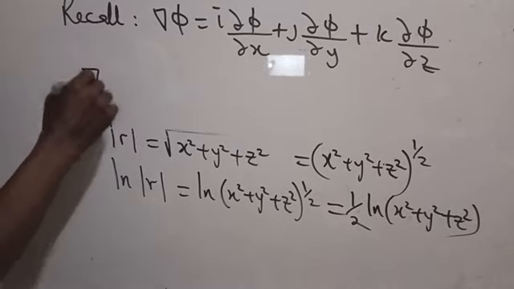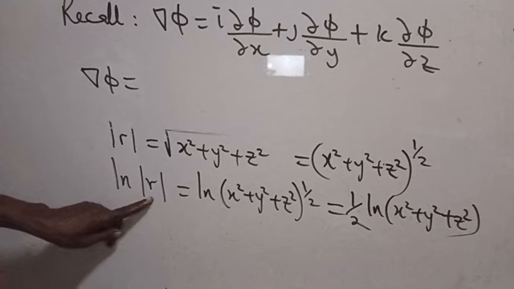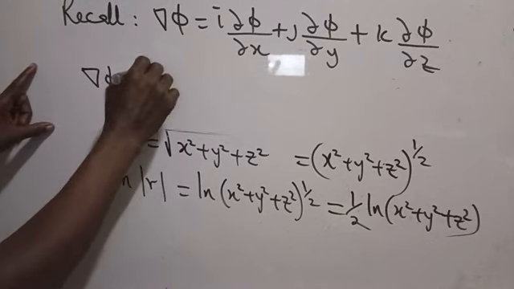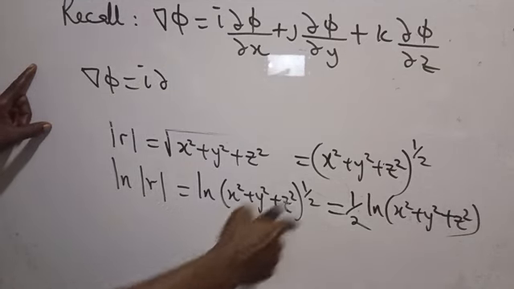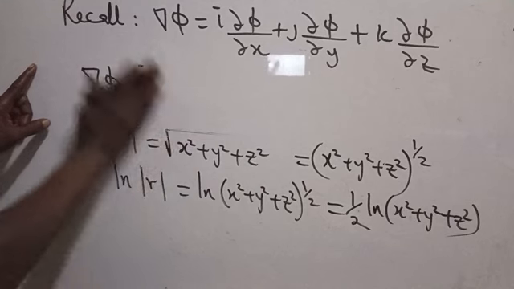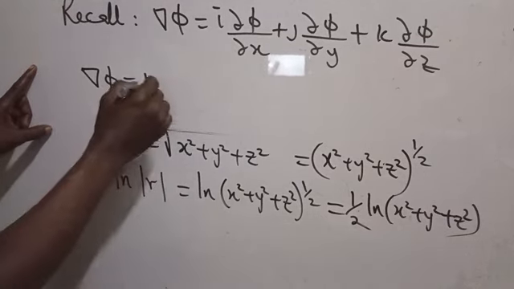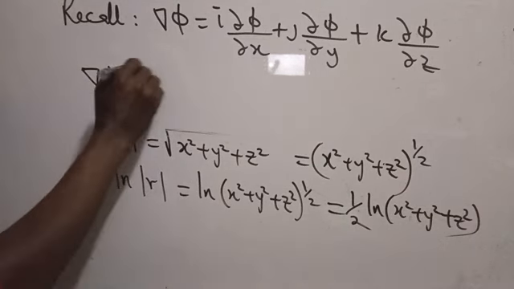So grad of phi will now be, now we have known what phi is. Phi is ln modulus of r. So just say i, d phi. It will be better so that we don't run into trouble, let's bring the half out.